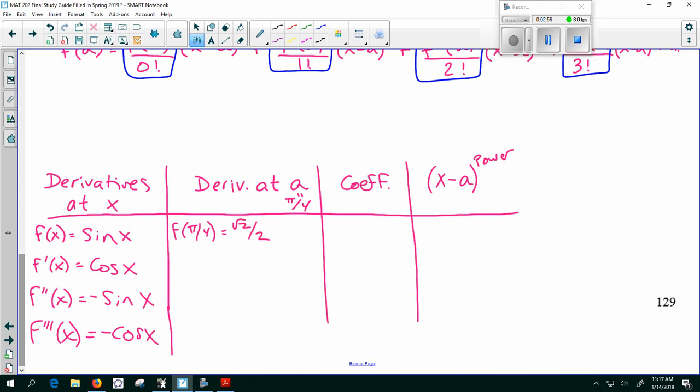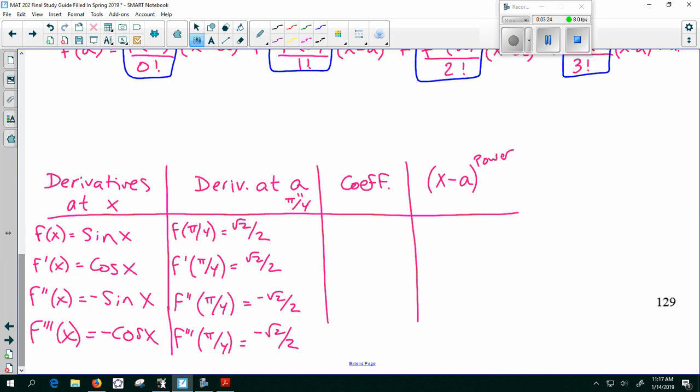And then f prime of pi over 4, cosine of pi over 4 is also root 2 over 2. For f double prime, that's the negative sine, so that's just negative root 2 over 2. And f triple prime, that is negative cosine of pi over 4, negative root 2 over 2.